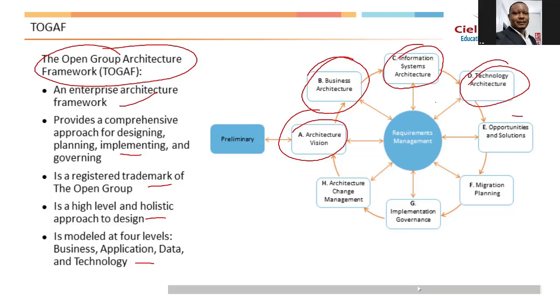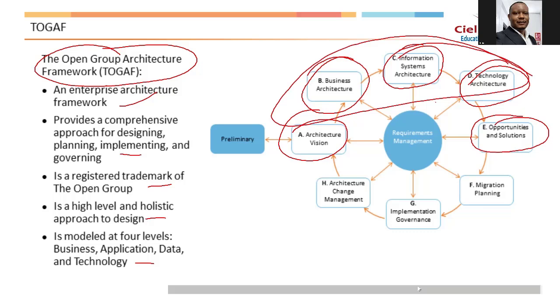Then you now consider solutions that can help you do all of these things. You put in place your business architecture, that's your business processes and all, your information systems and your technology in line with the architecture vision. So once you've evaluated, solutions can now be ERPs, it can be implementing a series of processes, management systems, as the case may be.